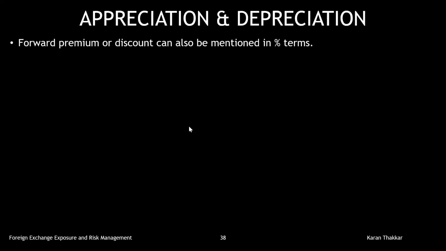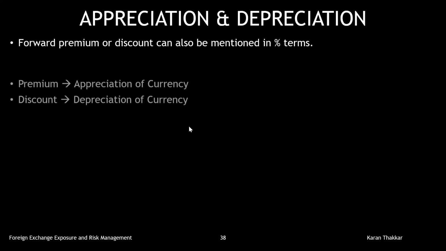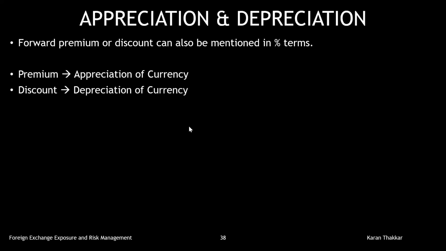When the price of the product currency is going to increase in future, the forward is at premium over the spot, and that is said to be appreciation of the product currency. Similarly, when the price of product currency is going to decrease in future, the forward is at discount over the spot, and that is said to be depreciation of the product currency.